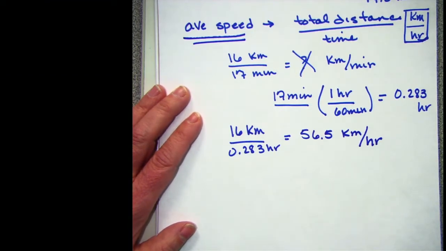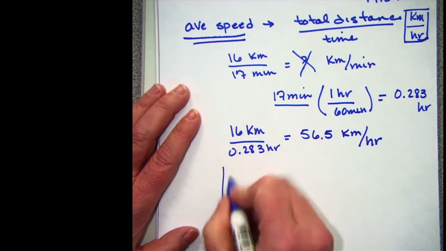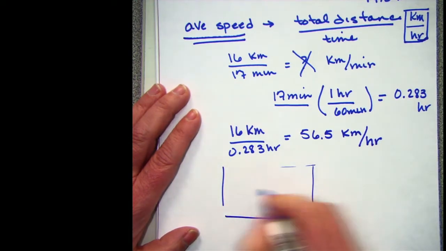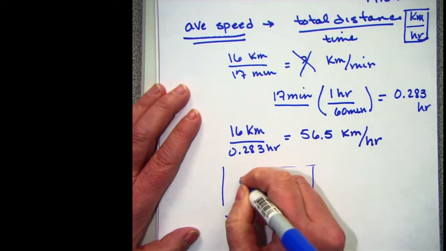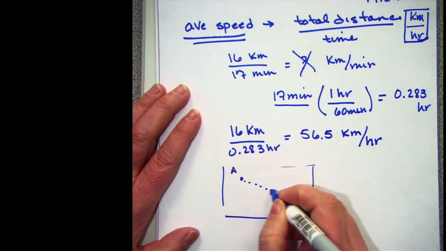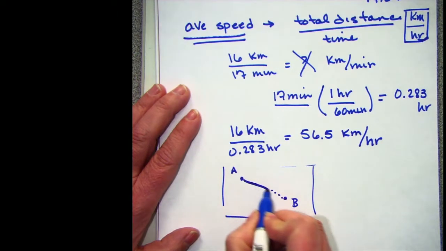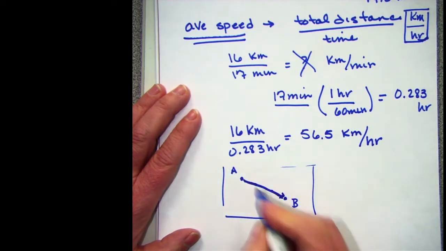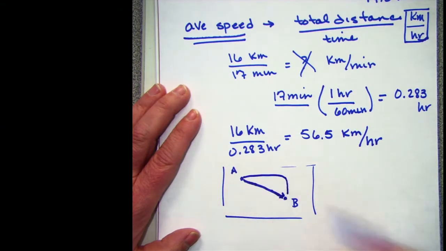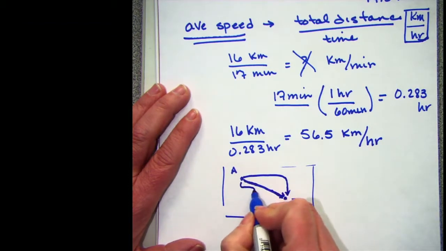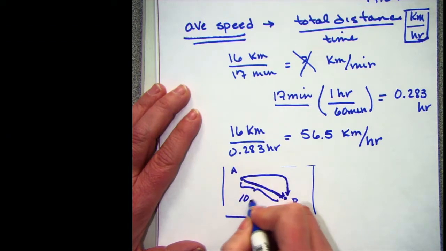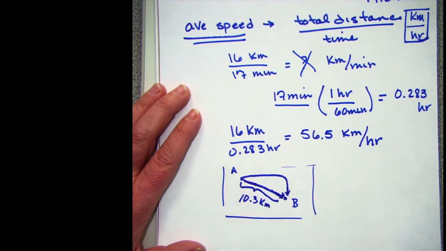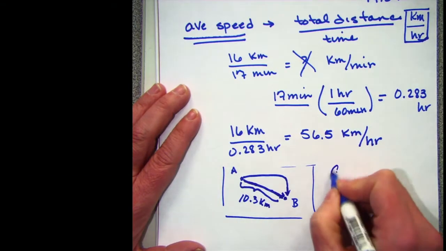In the second part, we find out that I drew this out on a map, that here is destination B, here is destination A, and we find out that the distance along what we call as the crow flies, obviously her route following streets was more like something like that, but as the crow flies, that distance is 10.3 kilometers, and we want to know the average velocity.